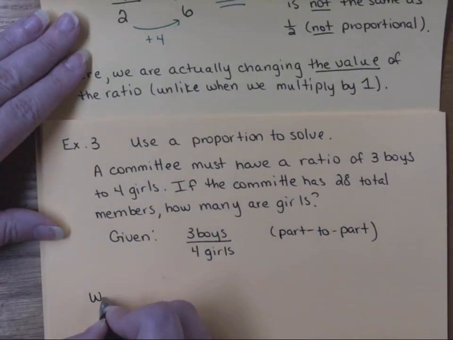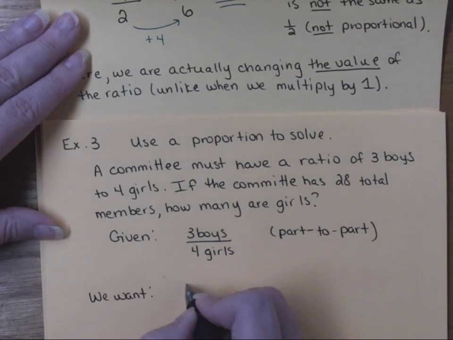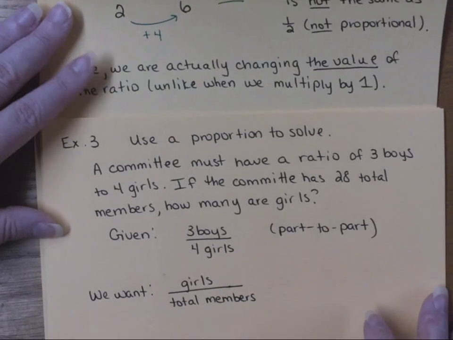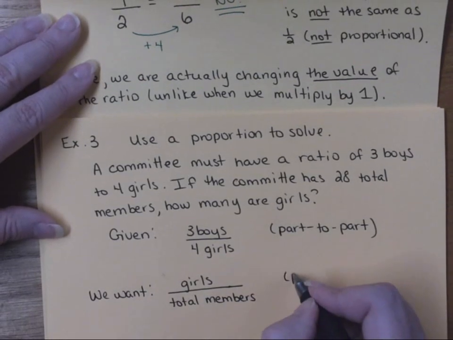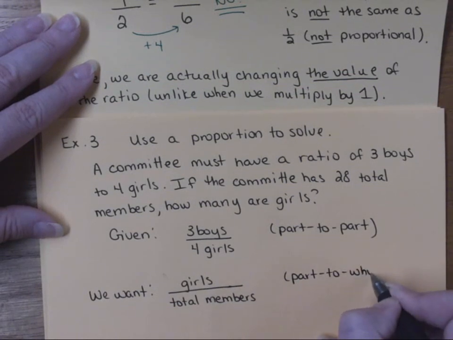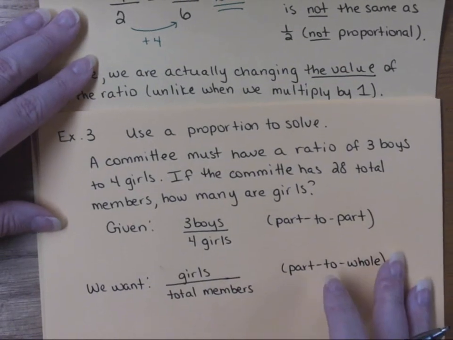Okay, but notice that's not what we were actually asked to use or find. We're asked to compare girls to total members because that's the information we were given, right? We were given 28 total members. Okay, so we're being asked to change basically from a part-to-part to a part-to-whole comparison.